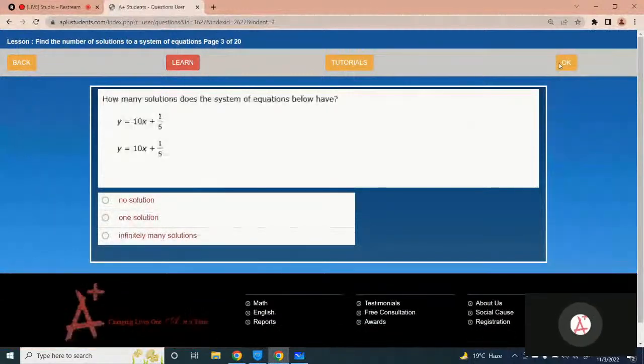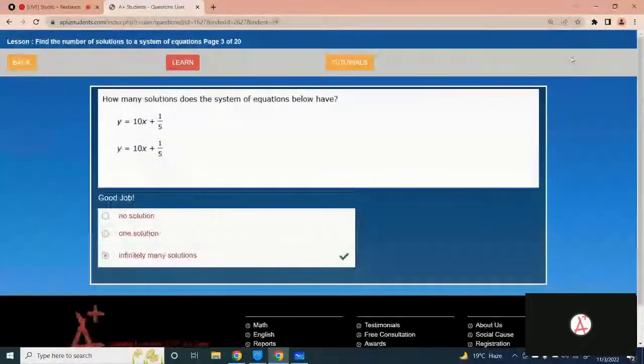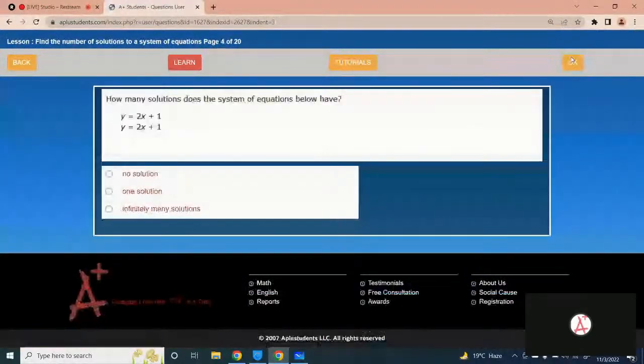Okay, how many solutions does the system of equations below have? The equations have the same m and the same b, isn't it? That means the system has infinitely many solutions. Got it? Okay, how many solutions does the system of equations have?